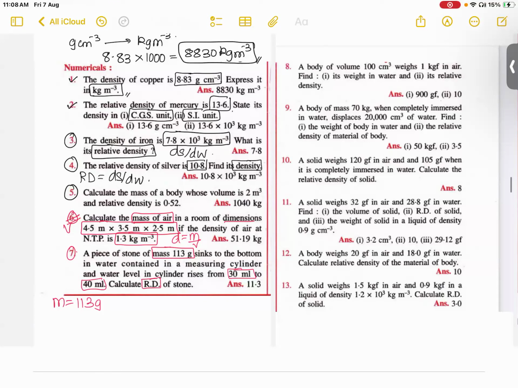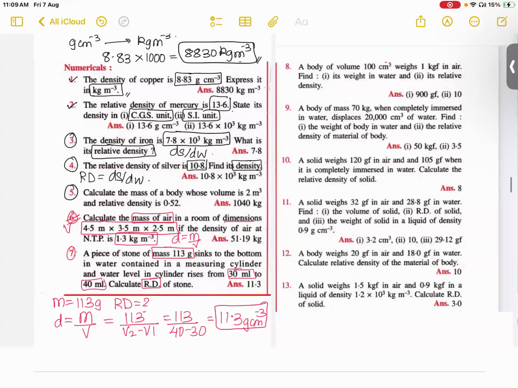Before calculating RD, I will first calculate density of my substance. I know that density is mass upon volume. 113 upon V2 minus V1, guys. 113 upon 40 minus 30. 11.3 g cm^-3 is the density of the substance.